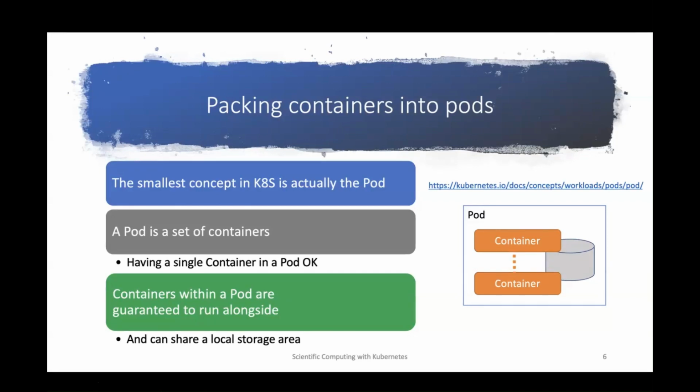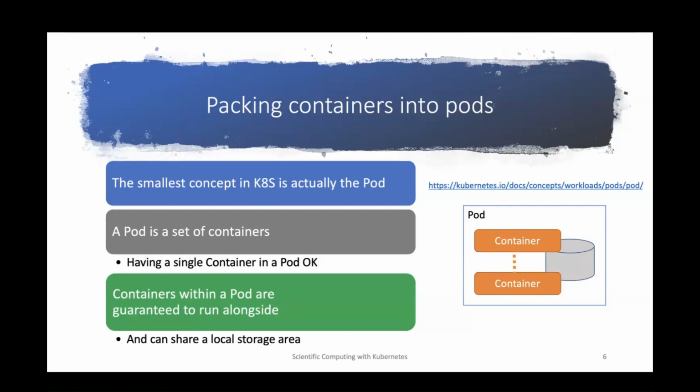You can have as many as you want in principle. And why is that? Well, because pods are what is scheduled in Kubernetes, and all the containers in a pod are guaranteed to run on a single node. So they can talk to each other, typically through the file system, but you can use networking too, and other fancy mechanisms.